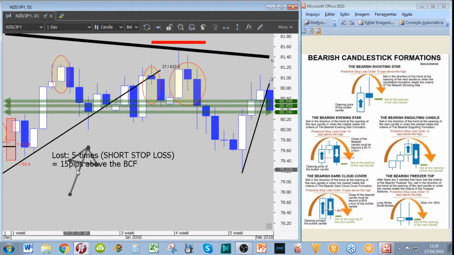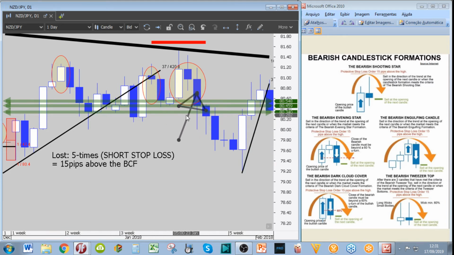Remember to trade your plan. If you're a beginner trader, remember that losing trades are going to happen because we don't have the crystal ball. But on the other side we have the first trade, which is in profit. We have the second trade, which is more likely break even.